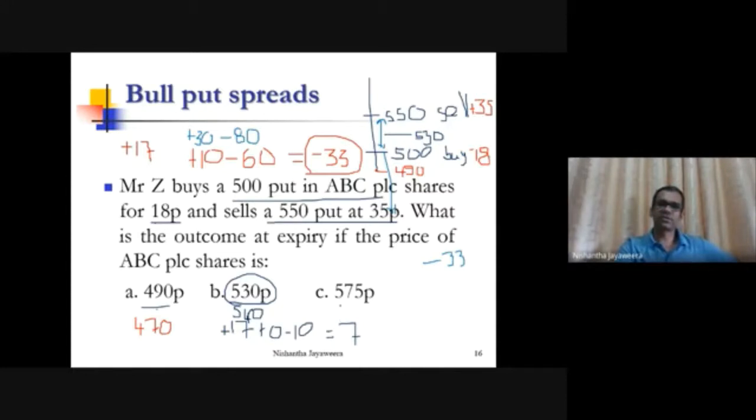Okay. At this point, what's the outcome if the price at the expiry is 575 pence?